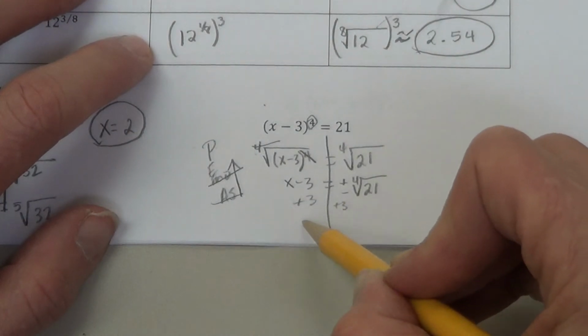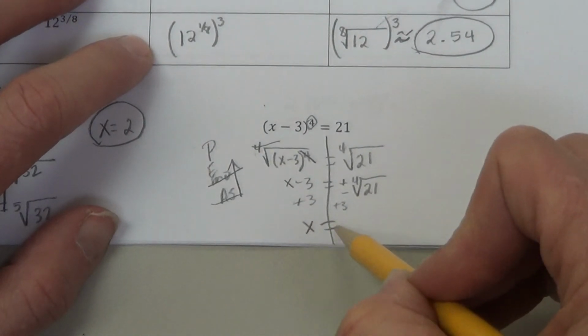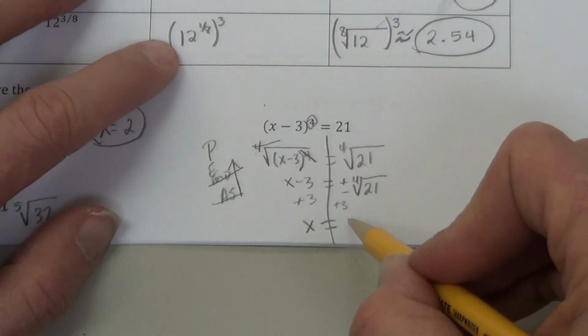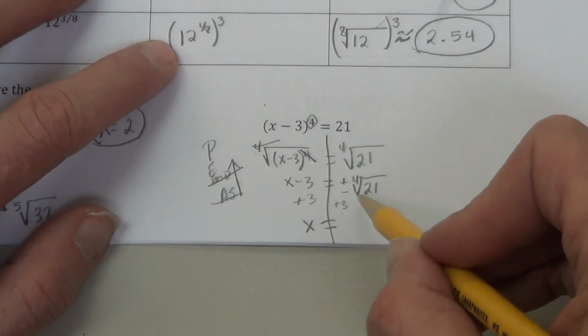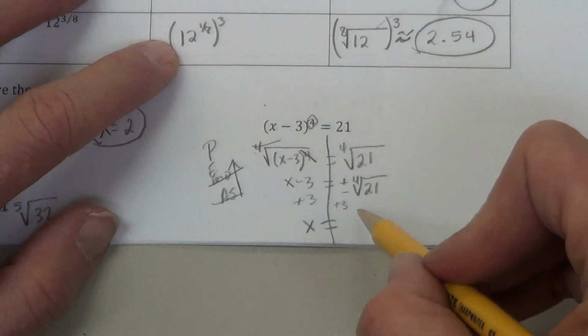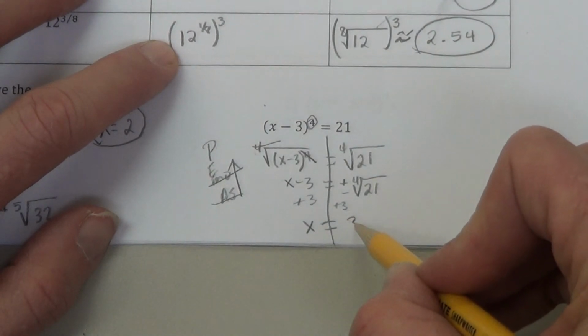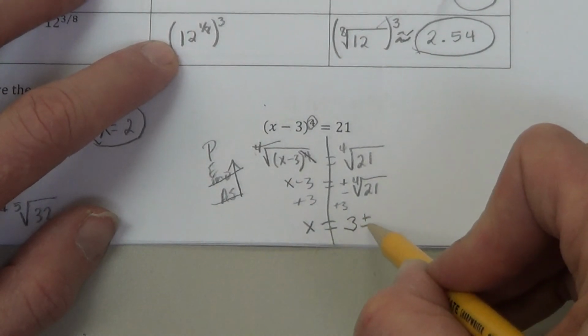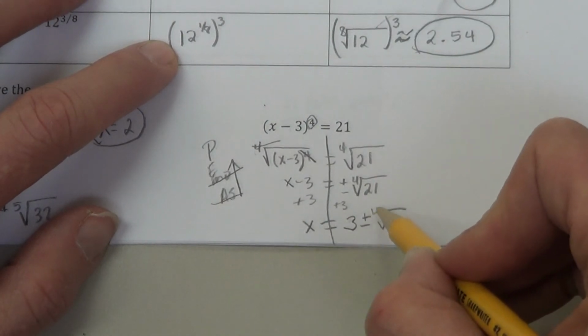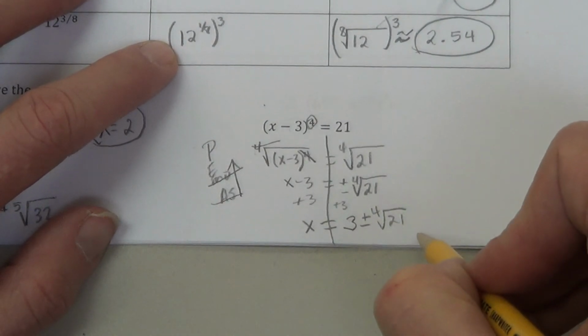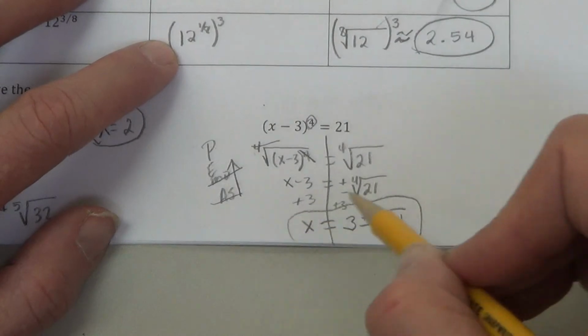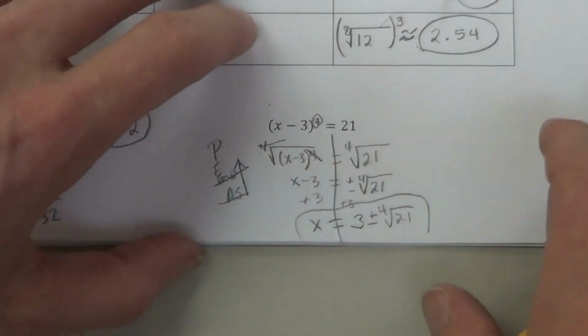You can't add inside and outside a radical to get one combined answer unless you were to put that into a calculator, and then it would just be an approximate. I want the exact answer, so we leave it as 3 plus or minus 4th root of 21. Be sure to circle your answer. Okay?